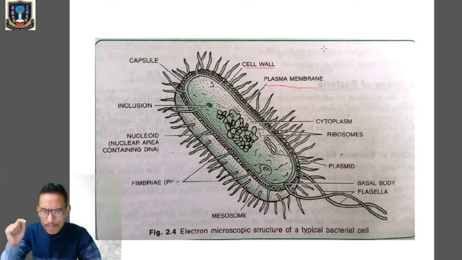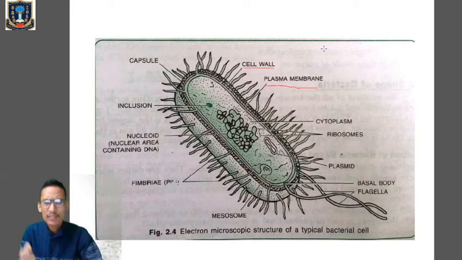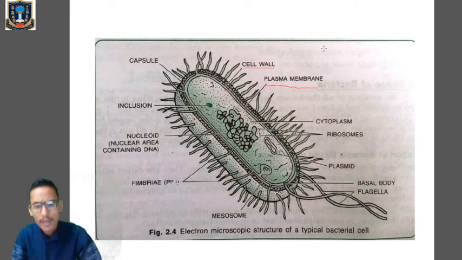Now, gram-negative bacteria also have another covering. Generally, the cell wall is made up of peptidoglycans, but gram-negative bacteria have another covering called lipopolysaccharides. Kindly remember this term. Lipopolysaccharides are present in gram-negative bacteria.